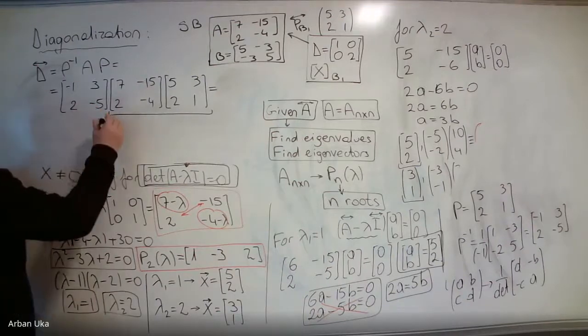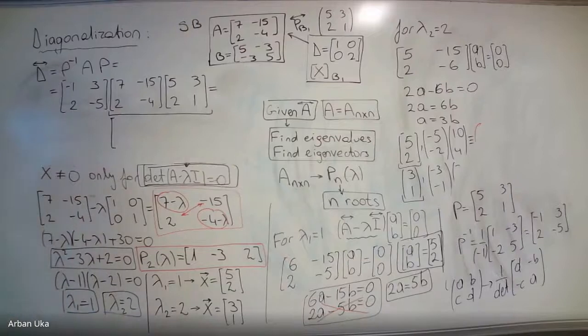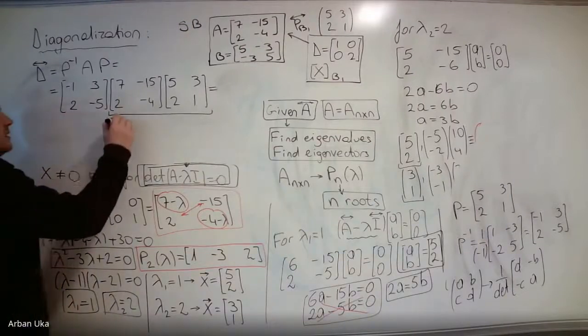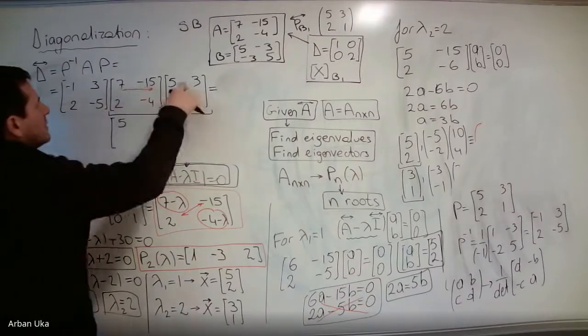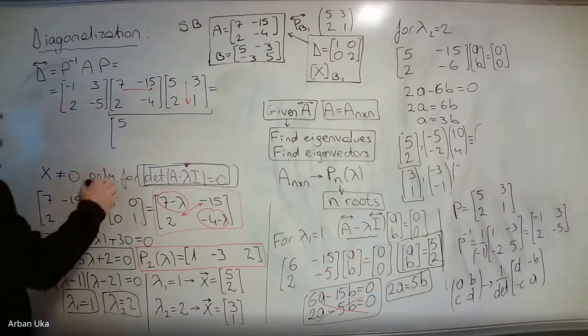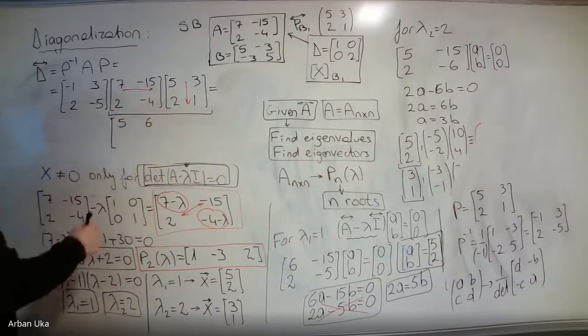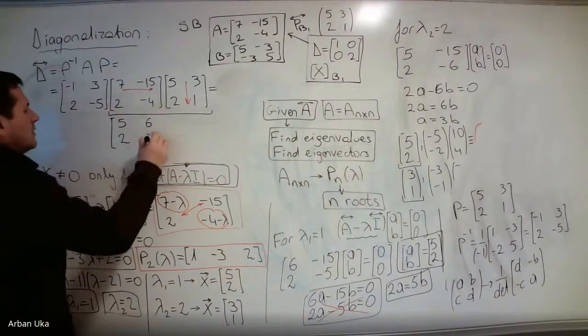We get 7 times 5, it is 35, minus 30, this is 5. Then we have 7 times 3, we get 21, minus 15, we get 6. Then 2 times 5, 10 minus 8, this is 2, then 2 times 3, 6 minus 4, this is 2.